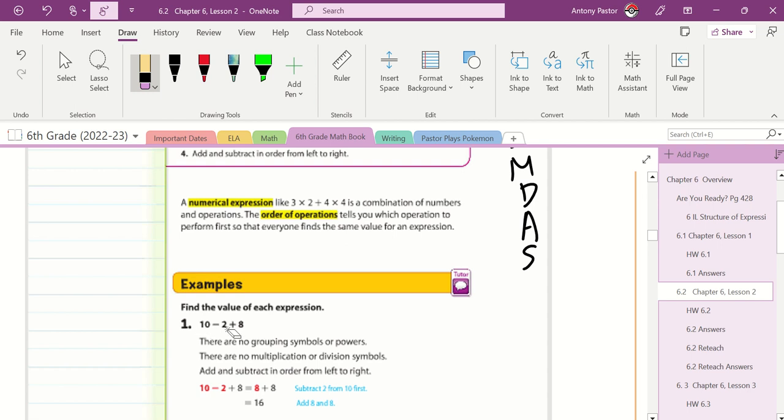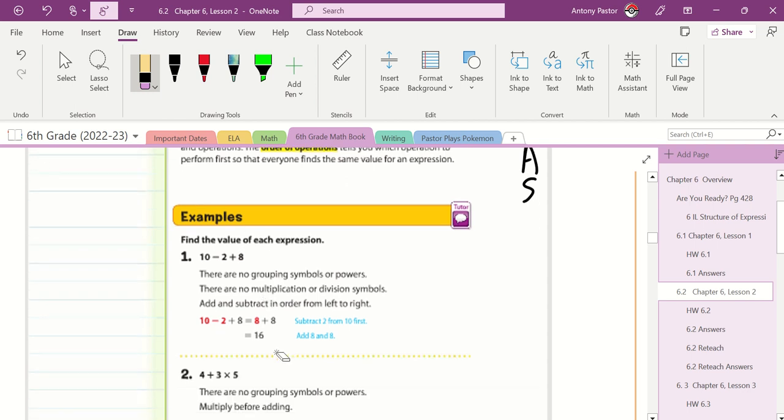I have to go from left to right because it's addition and subtraction. 10 minus 2 would be 8, plus 8 would be 16. So 16 is my answer. So again, we do not do addition first and then subtract. We do addition and subtraction together from left to right. So my answer in this one would be 16.